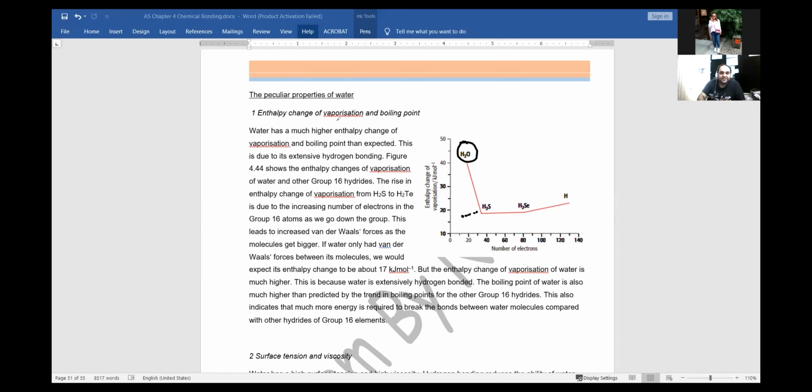So what is enthalpy change of vaporization? Energy required to boil a liquid into a vapor. What is it called in physics? Latent heat. What is the latent heat of vaporization?